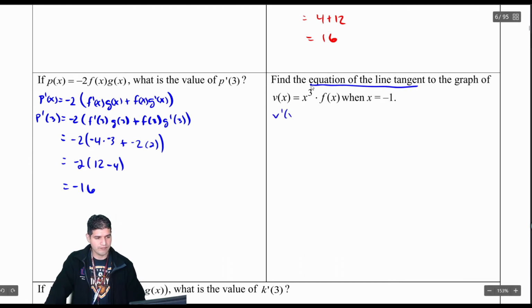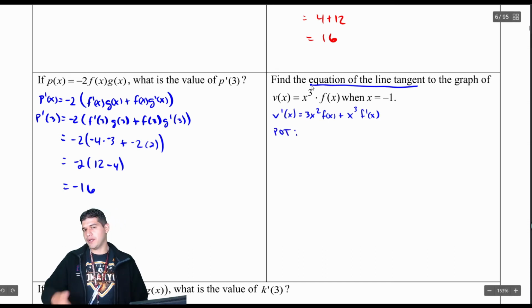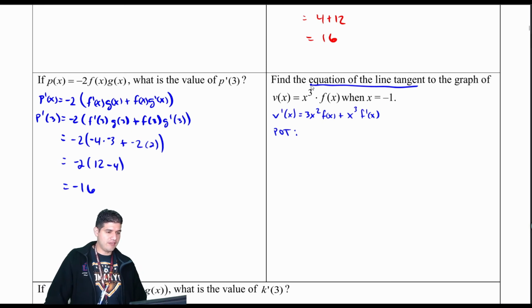So v prime of x is going to be 3x squared times f of x plus x cubed times f prime of x. All right, now let's find our point of tangency, because we're going to need that for our equation. So I just want v of negative 1, and that's going to be negative 1 cubed times f of negative 1.